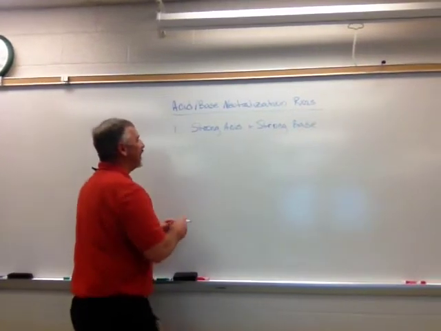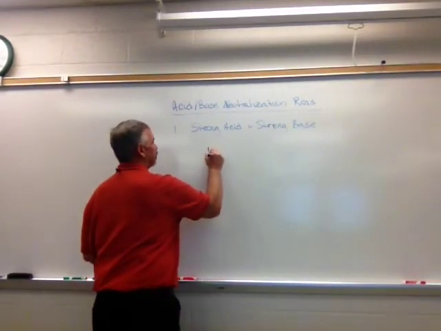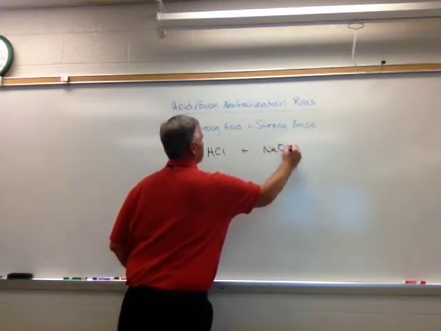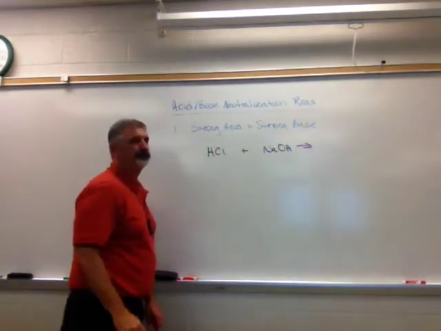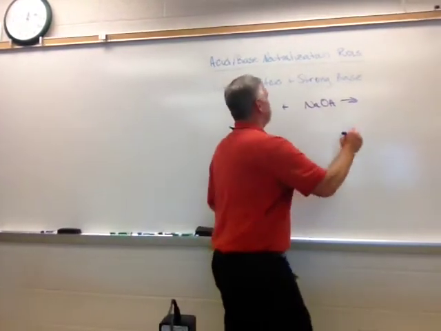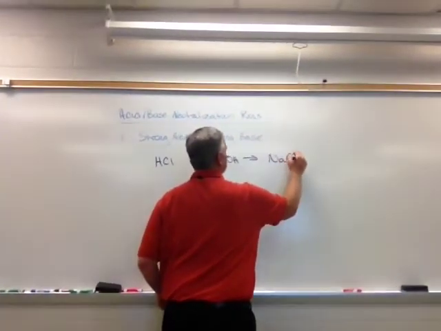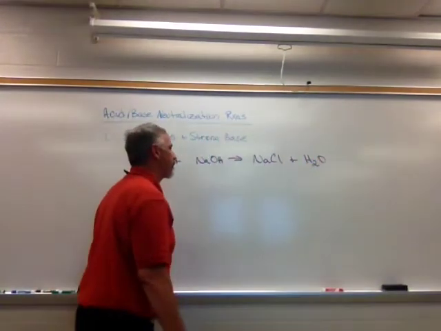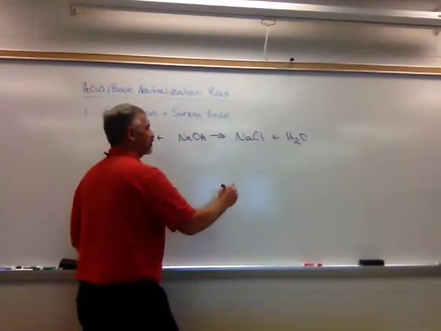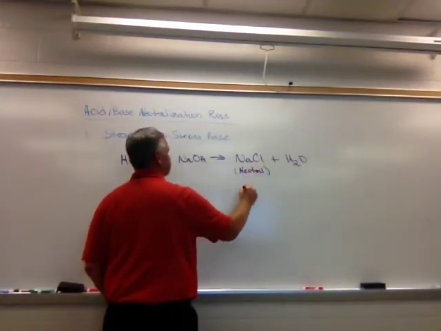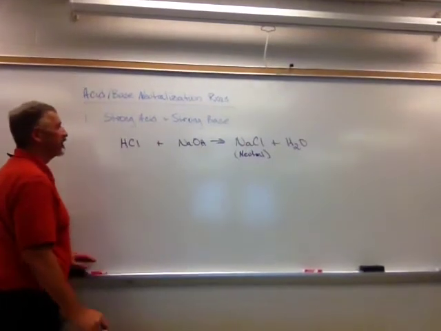Okay, so if I look at HCl plus NaOH, what's that going to make? Thank you. NaCl plus H2O. What type of salt is that? Neutral salt. Strong plus strong makes neutral. Okay?